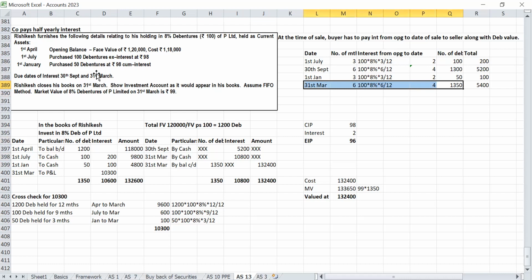On 31st March, how many debentures are you having in total? 1350 debentures. For all debentures the company will pay interest.